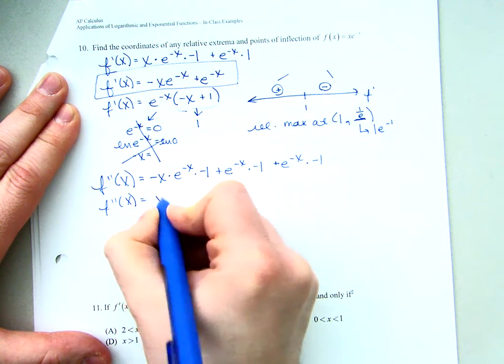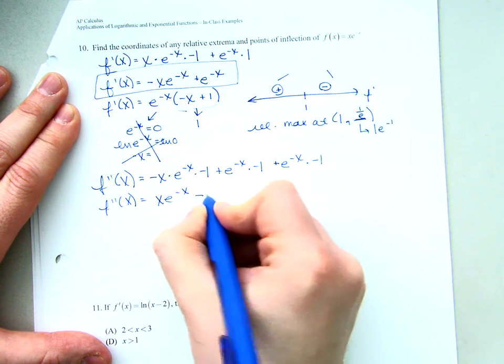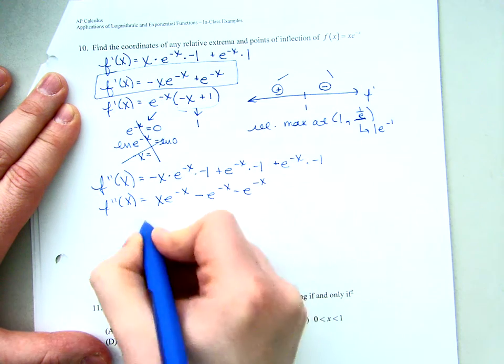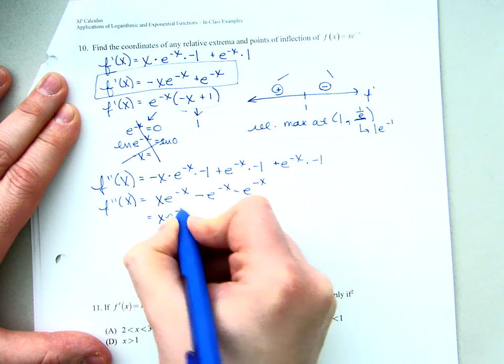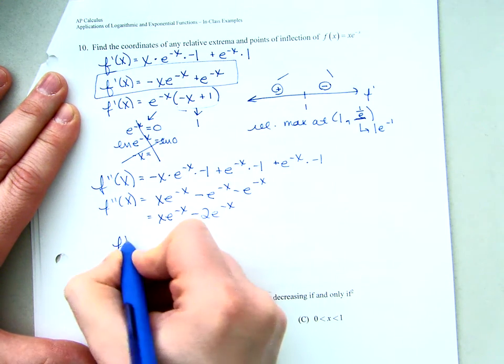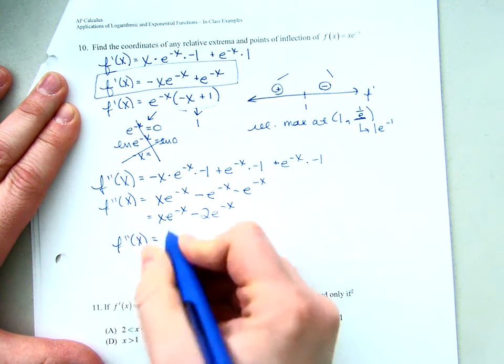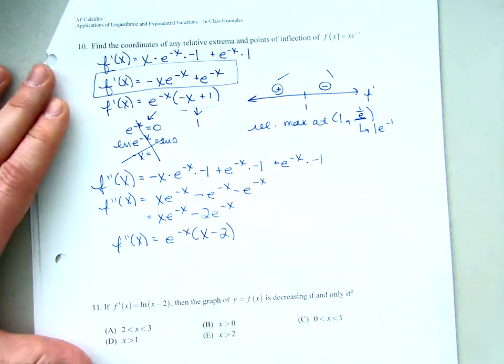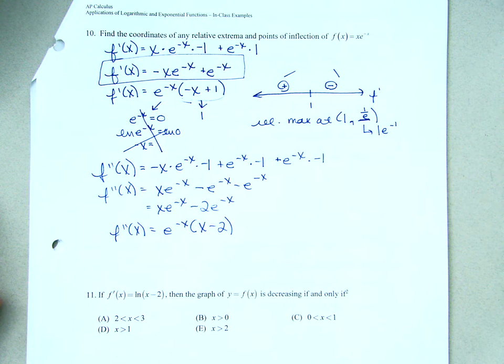This will give you x e to the negative x minus e to the negative x minus another e to the negative x, or x e to the negative x minus 2e to the negative x. And you can factor out your e to the negative x and get e to the negative x times x minus 2. And it looks like some very easy values you can get from that. The rest of the work is similar to the first part. We will finish this tomorrow.